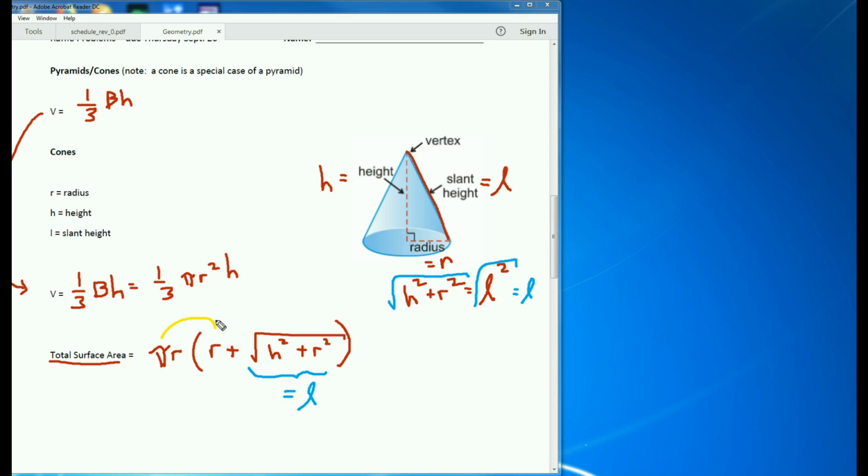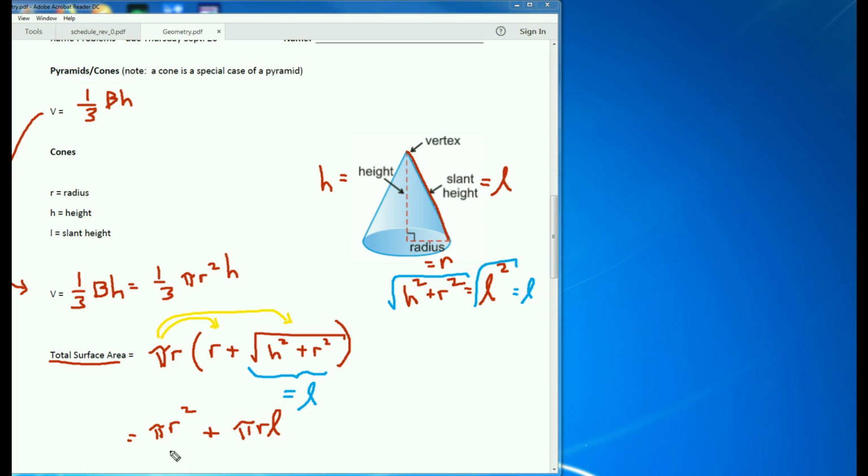If we multiply this out, I'm going to get the total surface area equals pi r squared plus pi r, and then let's just put in L.